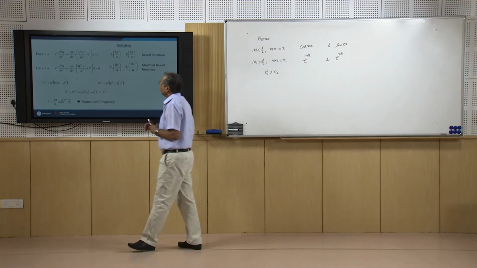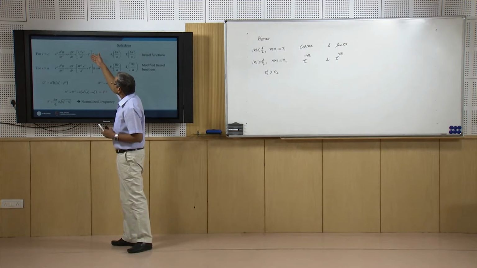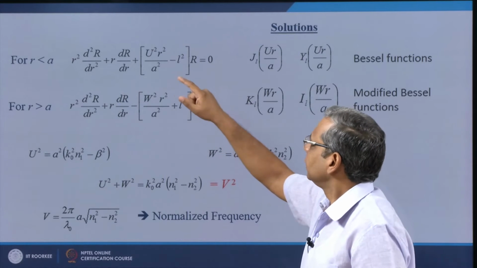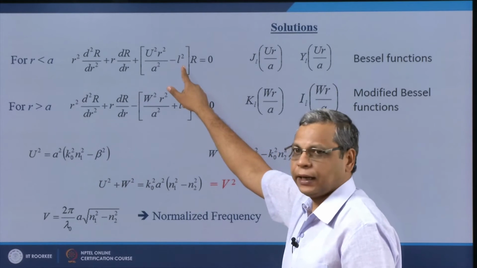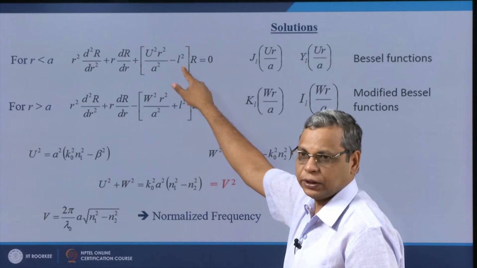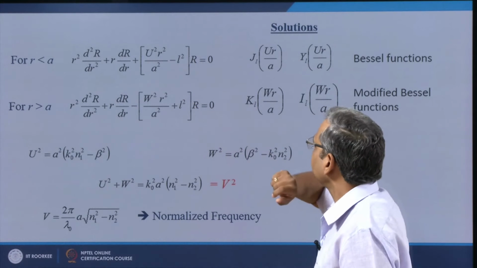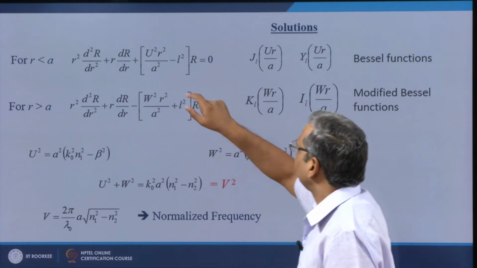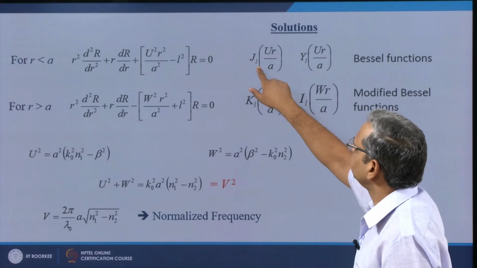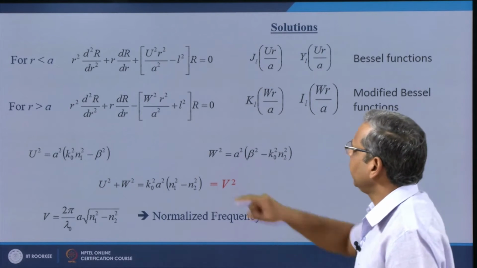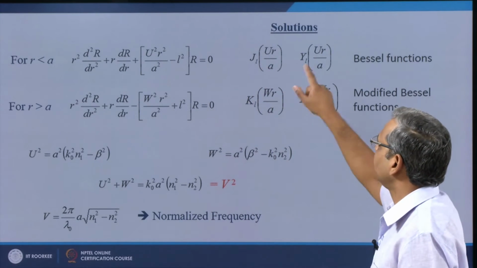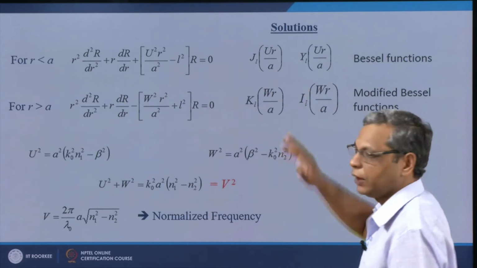Here I have sets of equations. You see this L can take several values, L is equal to 0, 1, 2, 3 and so on. So, for each of these equations I have each of these functions. For L is equal to 0 I will have j0, y0, L is equal to 1, j1, y1 and so on.